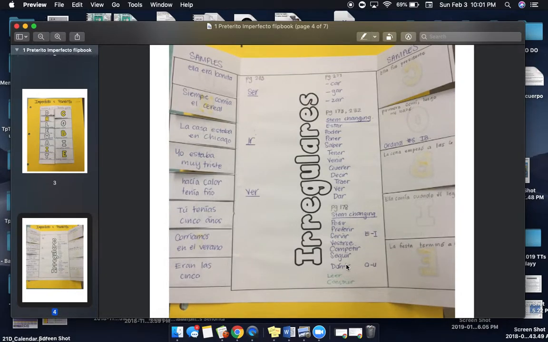So I hope that these two particular handouts that I shared with you are going to be helpful in your journey of really mastering the idea of preterite and imperfect. Remember that it's a skill that is going to take quite a bit of practice, but I'm here to give you the tools to not feel overwhelmed and to work through it.